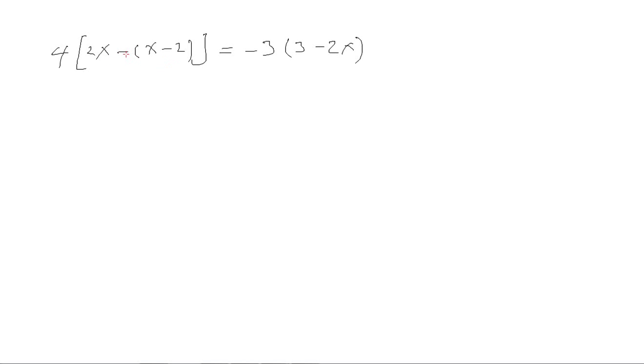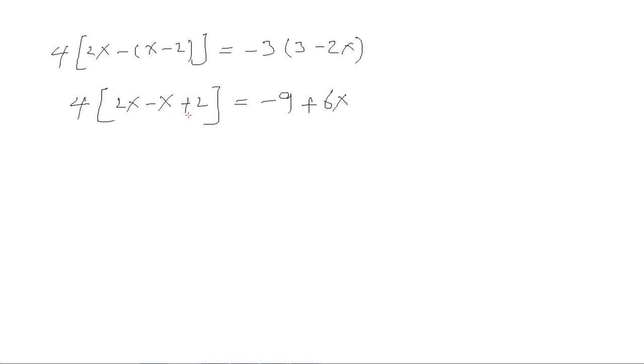So I distribute this negative and then simplify the equation on this side. This is 4 open square brace 2x minus x, minus minus becomes plus 2, equals negative. And also I distribute this 3 here. I get 3 times 3, 9, minus 9, and then negative negative is plus, and 3 times 2 is 6x.